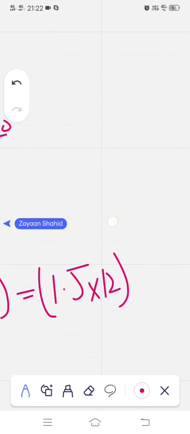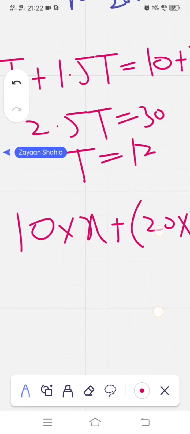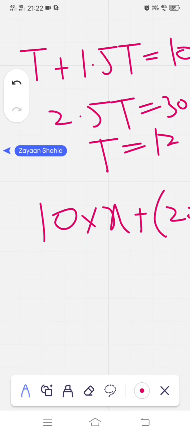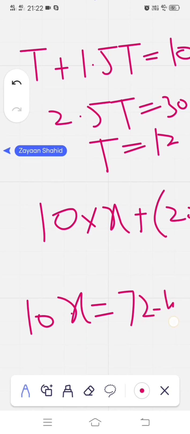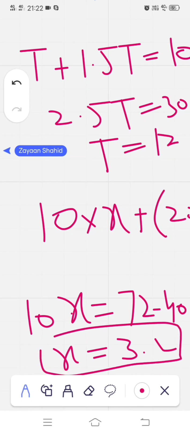Multiply this with the distance from the A, which is 4. Force multiplied by distance, so we can resolve this for X. So 10X is equal to 72 minus 40, and X is equal to 3.2. So X is the new distance of the particle from the point A.